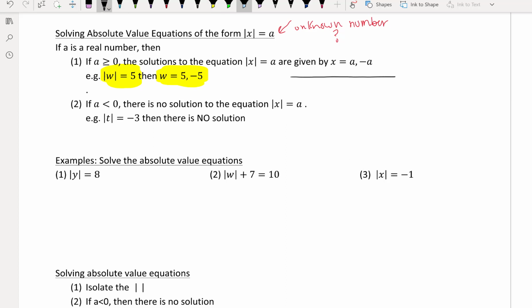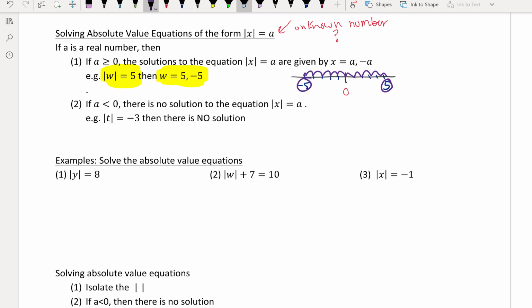Remember, if you went over +5 and -5 from 0 on the number line, well then you went over 5 spaces and you got to 5. And you went over 5 spaces and you got to -5.